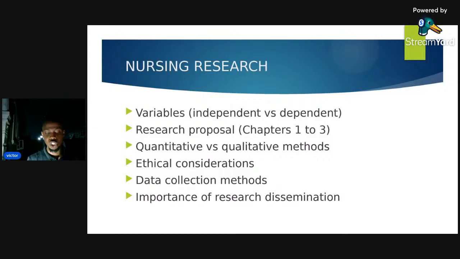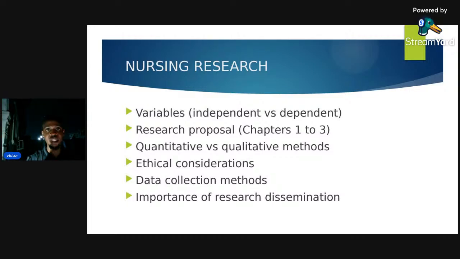For example, if I give you this topic, effect of high blood pressure on pregnancy, the independent variable is high blood pressure because it remains constant, while the dependent variable is your pregnancy, because high blood pressure would affect pregnancy. So that is how you can differentiate between independent variable and dependent variable.